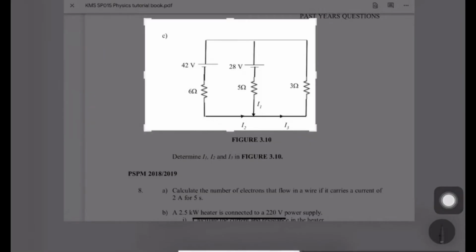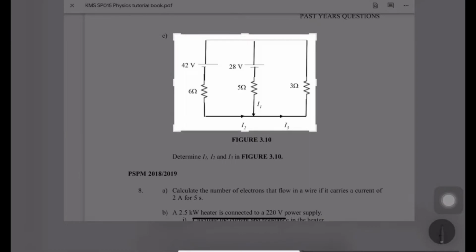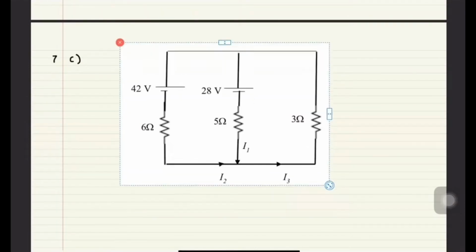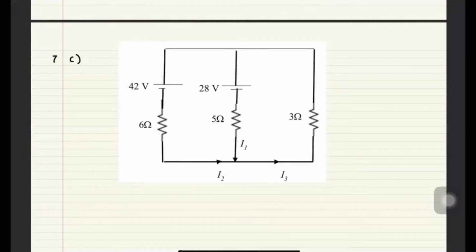For question C, they give you a circuit. Normally I would redraw it, but to save time I won't redraw. Instead I'll use the one already here.